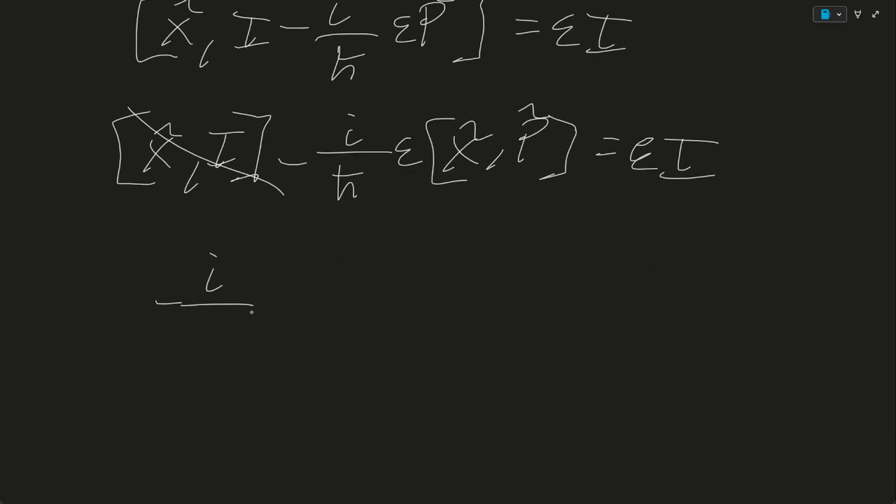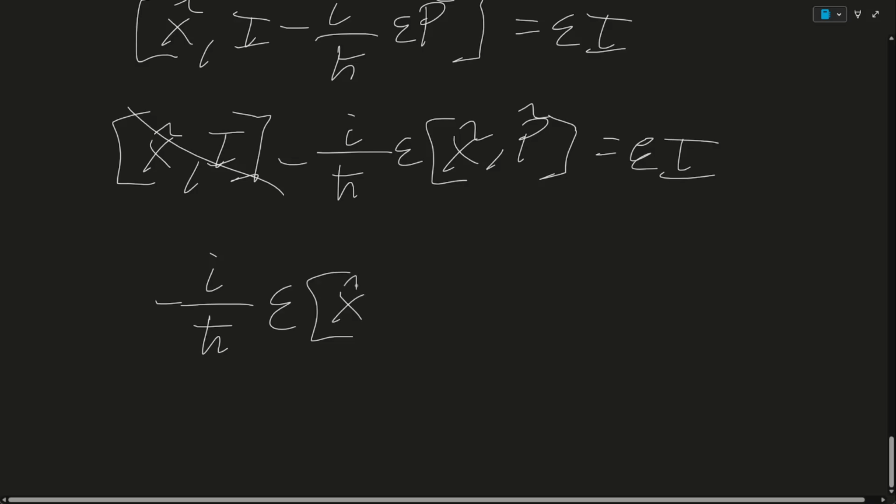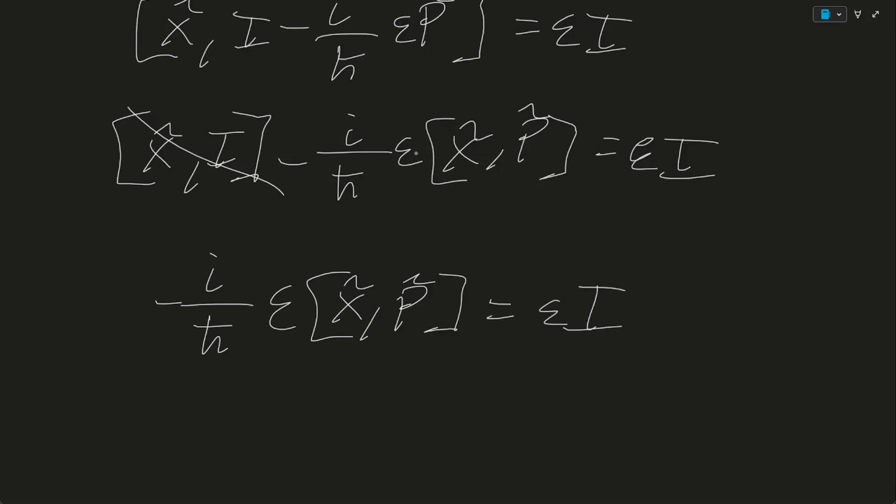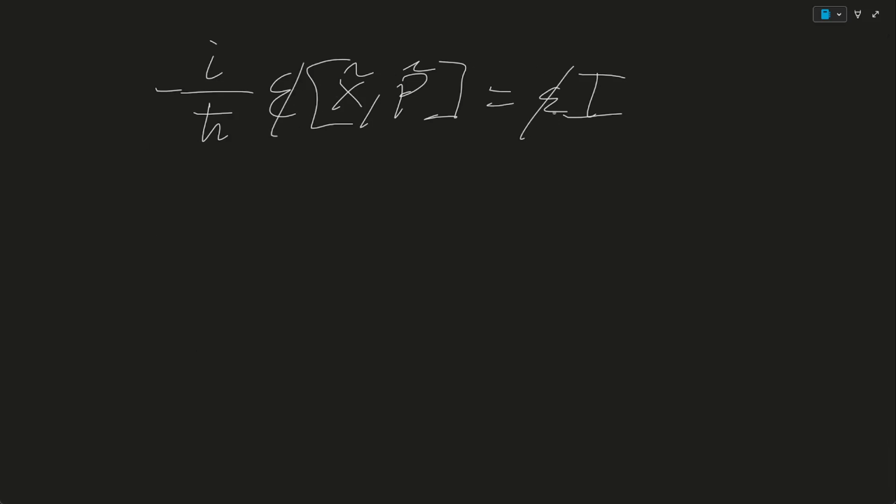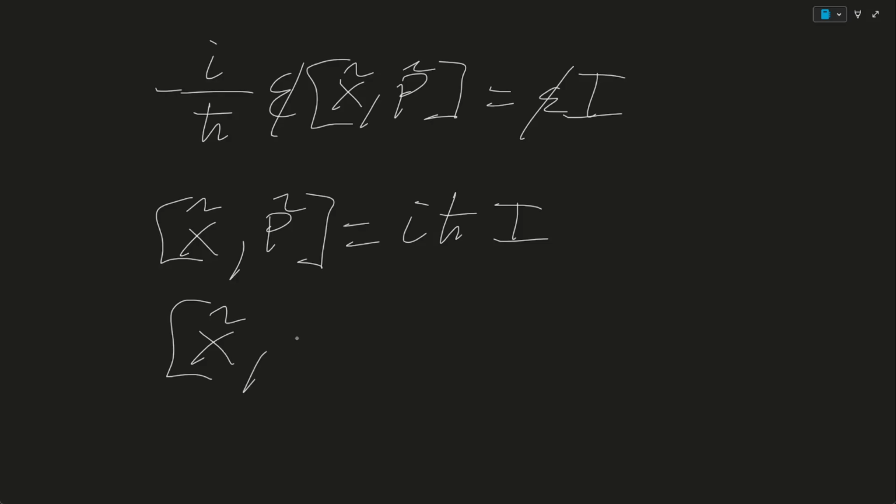And so minus i over h bar, I think you can see where this is going, xp is equal to epsilon I, and so epsilons are going to cancel, and we will use the same trickery that we used last time, but now we have a minus sign on both sides, so it will actually end up being that x hat p hat commutator is equal to i h bar I, and of course we know that in our regular space, the commutator of x hat and p hat is equal to i h bar.